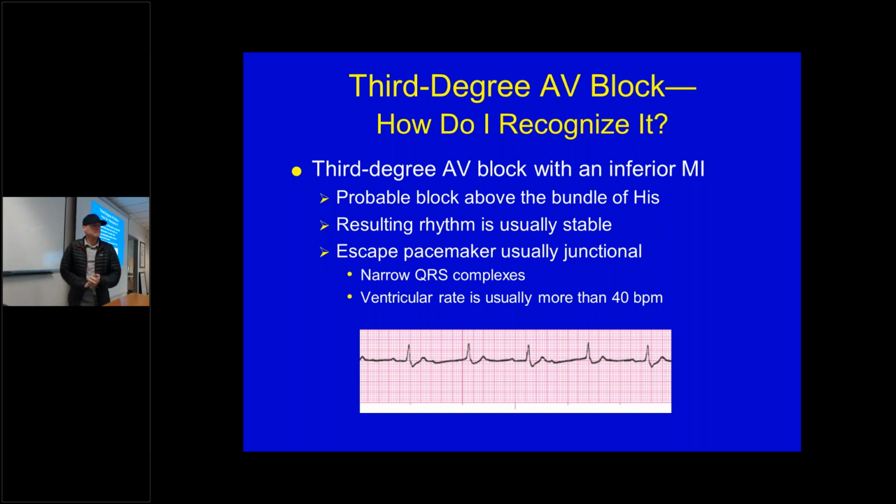So you have different rates? With a complete block? Yeah, you'll have different rates, but they'll all be slow. Normally your complete heart blocks are unstable because those rates are down in the 20s and 30s.